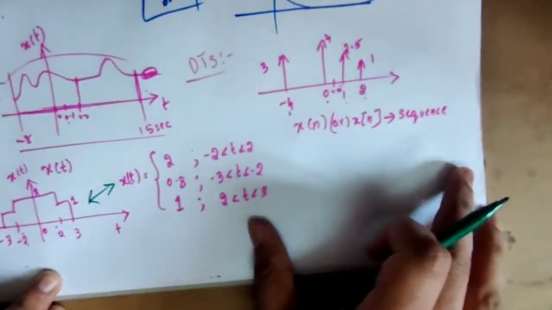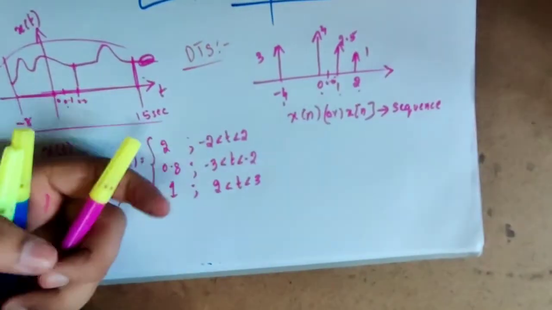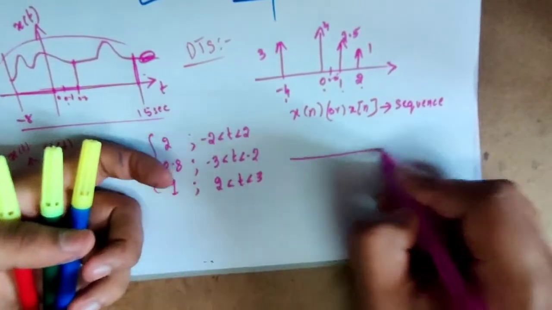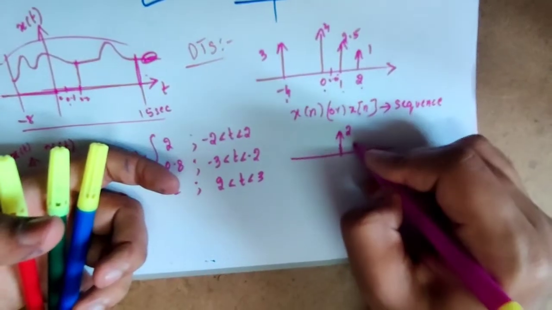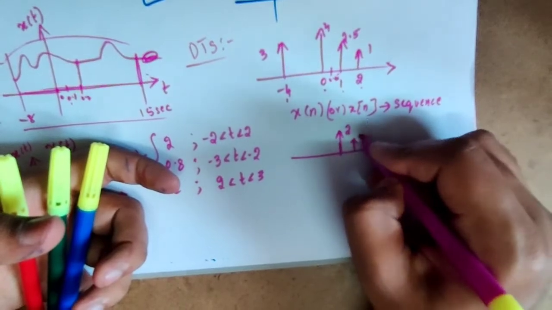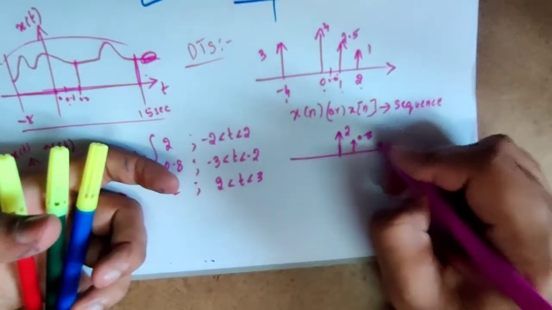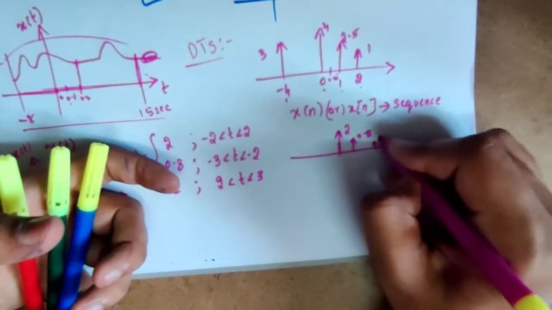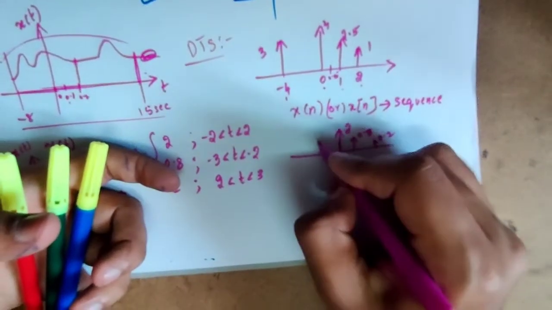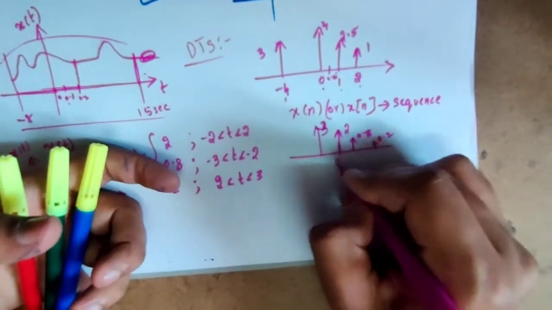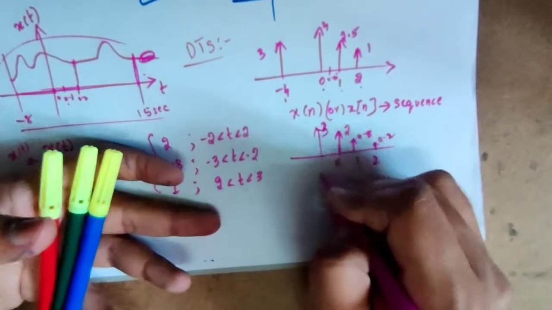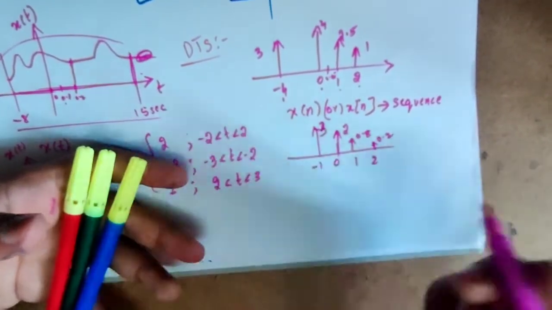In the same way, when it comes to a sequence, I am considering a sequence. Let us assume this is 2, this is 0.8, this is 0.2, and this I am considering as 3. Here it is 0, 1, 2, and this is minus 1.